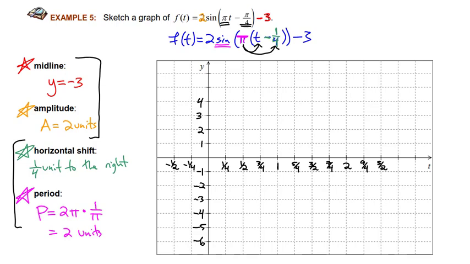Okay, now we can go ahead and label our midline. The midline's y equals -3, so we can draw a horizontal line at y equals -3.